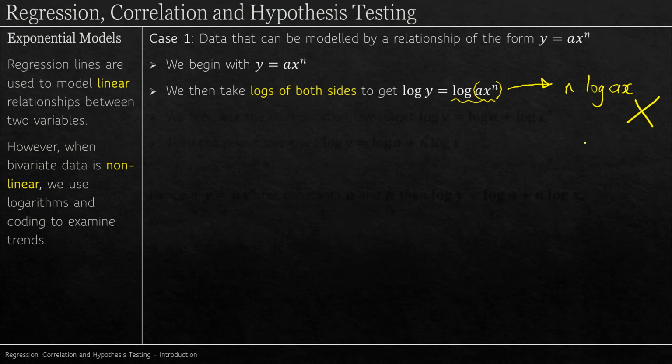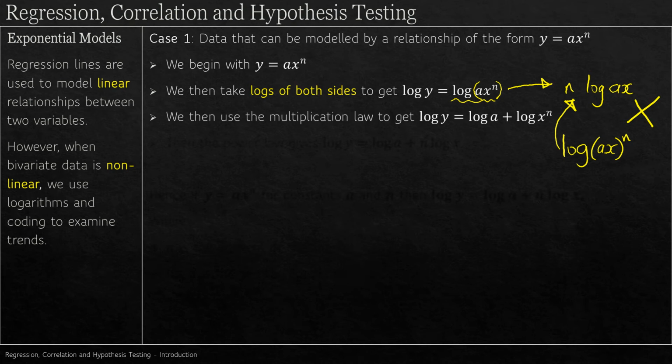So if we had this instead, log of ax in brackets to the power n, then yeah, that could become n times log of ax. So make sure you don't make this mistake.